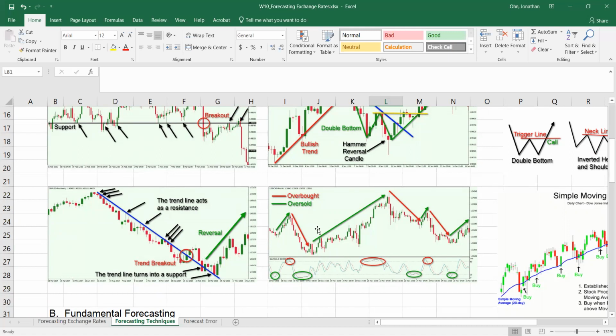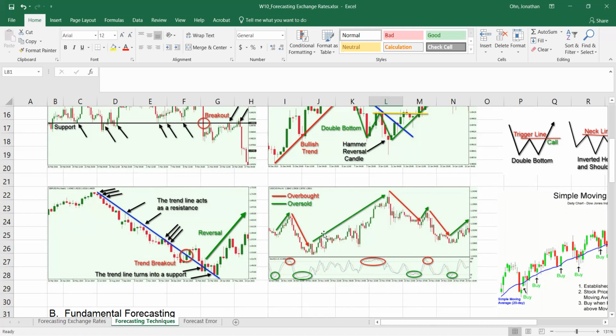Now, some people, investors, speculators, use this pattern: overbought and oversold. This one goes down this way, swings this way, right?